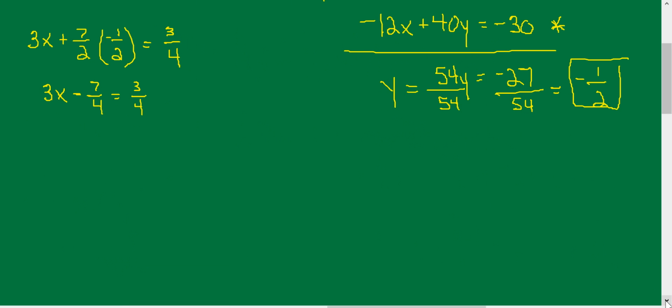Okay, here I'm going to add 7 over 4 to both sides. And that gives me what? 3x equals 10 over 4.